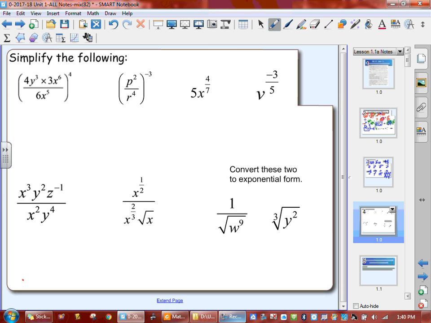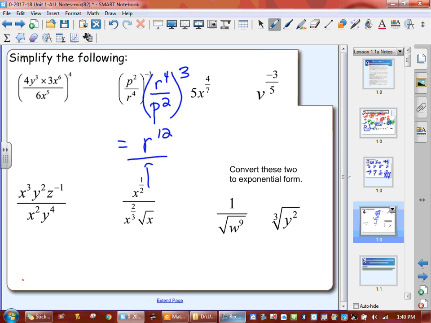So I'm going to get r exponent 4, p squared, all exponent positive 3, which gives us r to the 12 over p exponent 6. So hopefully you got that. So you can flip it inside, that's going to make the outside turn positive, or multiply the negative in and then flip. Alright, next one.